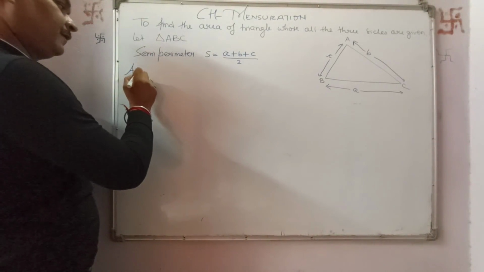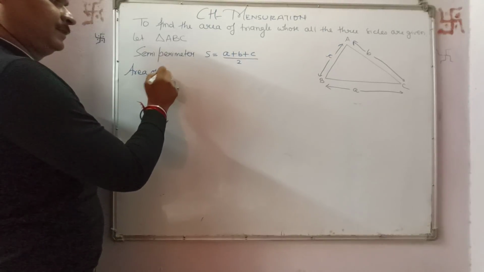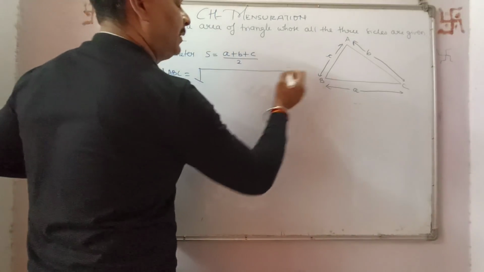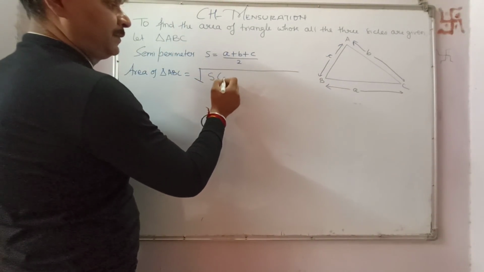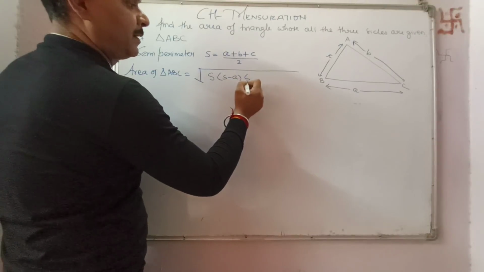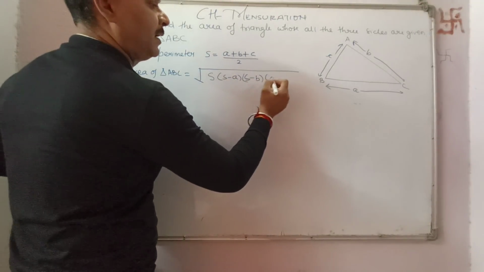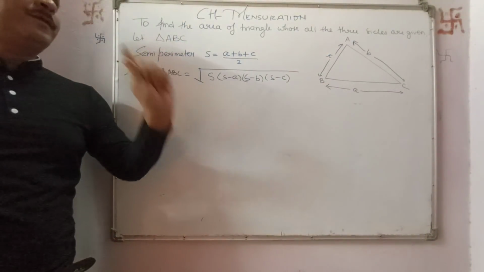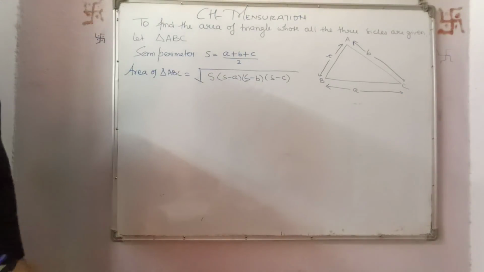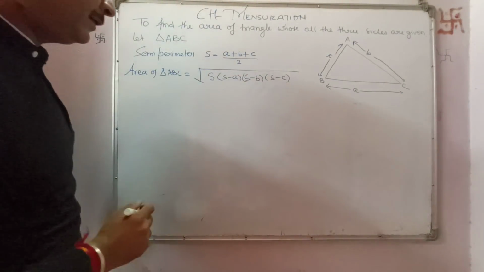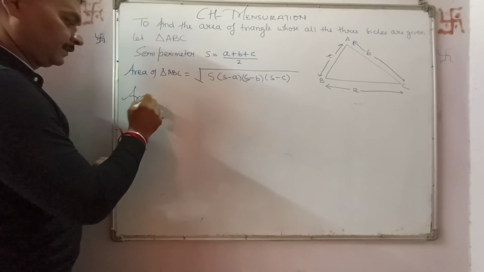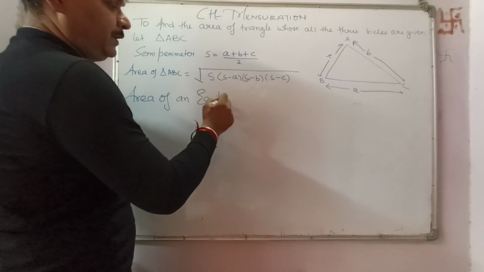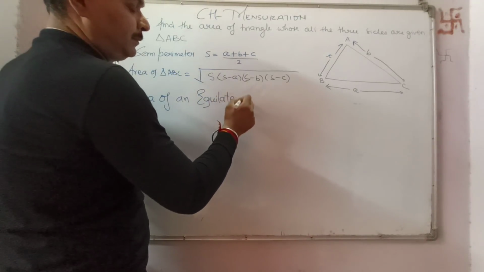Then the area of triangle ABC can be found with the formula given by Heron: square root of S into S minus a, S minus b, S minus c. With the help of this, we can easily find the area of an equilateral triangle.